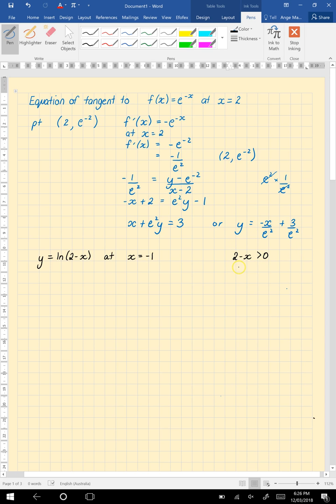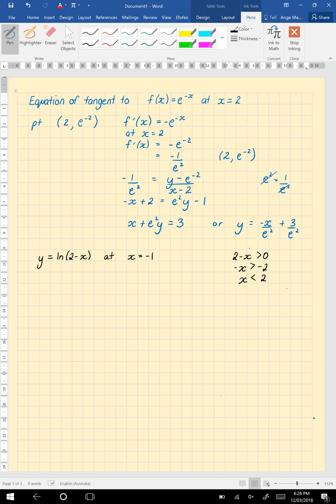So the 2 can go on the other side, and to get rid of the minus, you reverse that sign like so. You don't have to write that, but we just keep that at the back of our mind so we know that those are the values of x that we're dealing with.